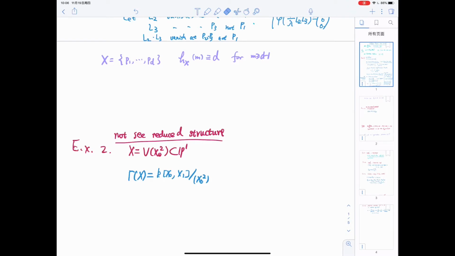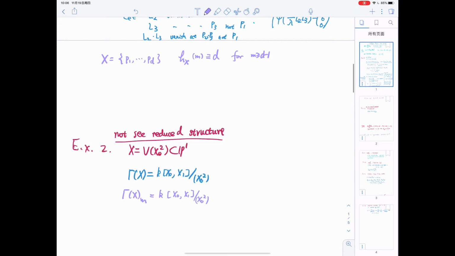Let X equal V(x0^2) in the projective line. Then the coordinate ring Gamma(X) is this, and the graded piece of the coordinate ring is Gamma(X)_m.